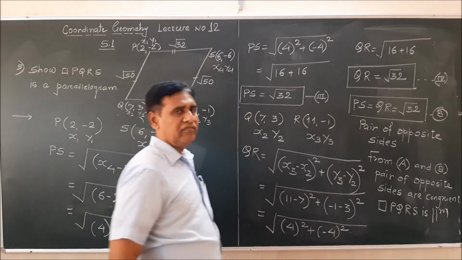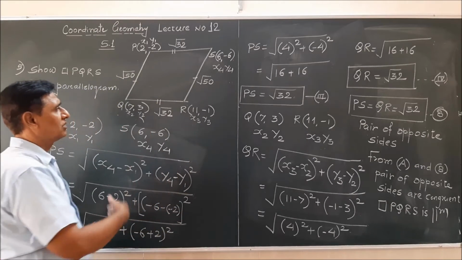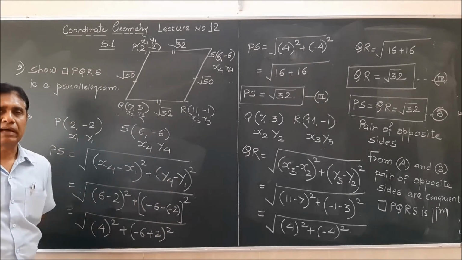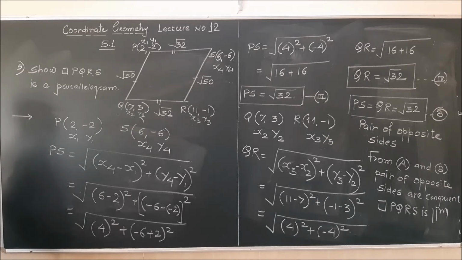So this is how we prove the quadrilateral PQRS is a parallelogram, because you will find here that opposite sides PQ and RS are root 15 each, while that of PS and QR are root 32 each.